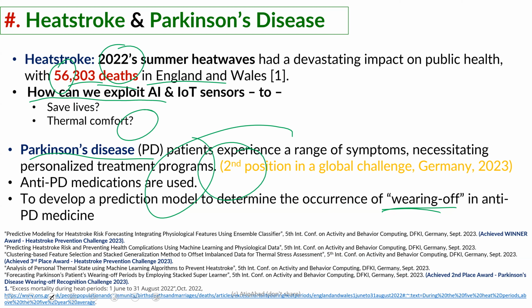But what happens is that it becomes off. Wearing off, or off time, means the medicine is not working. It should work for a few hours, but the symptoms are coming back quickly. So I am vibrating, or have tremor, or some other problem.